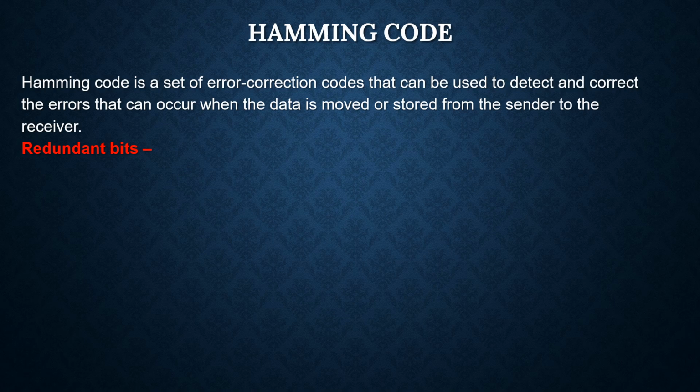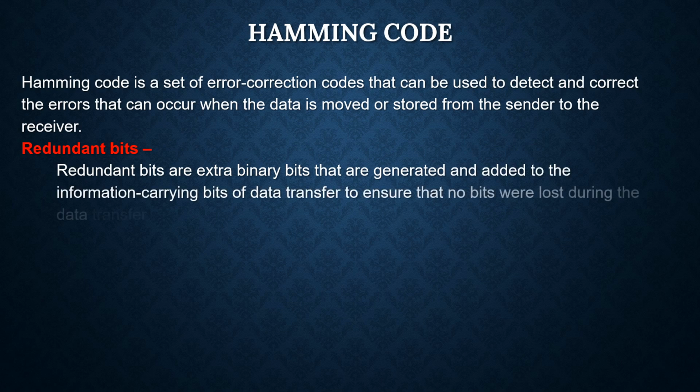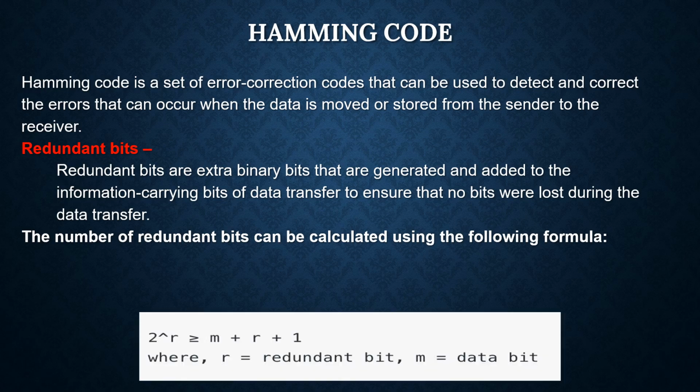Redundant bits are extra binary bits that are generated and added to the information carrying bits of data transfer to ensure that no bits were lost during the data transfer. The number of redundant bits can be calculated using the following formula. That is, 2^r >= m + r + 1, where r is equal to redundant bit and m is equal to data bit.